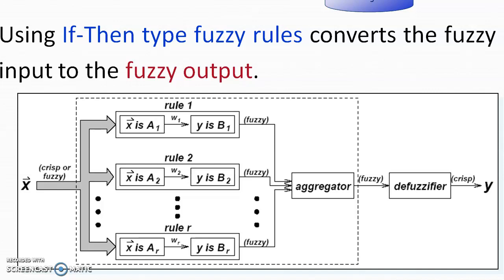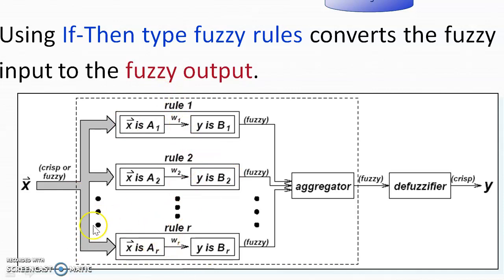So all those if-then type fuzzy rules are basically stored in the inference engine, and the inference engine works on those fuzzy rules. Now this inference engine can have R number of rules: any one rule, any two rules, or a combination of R number of rules.